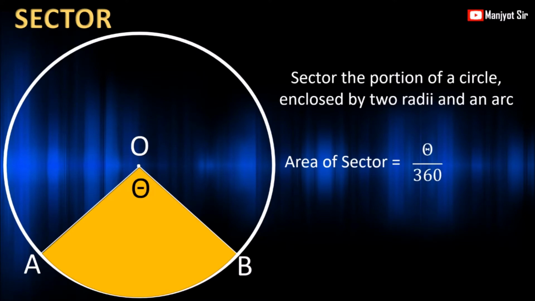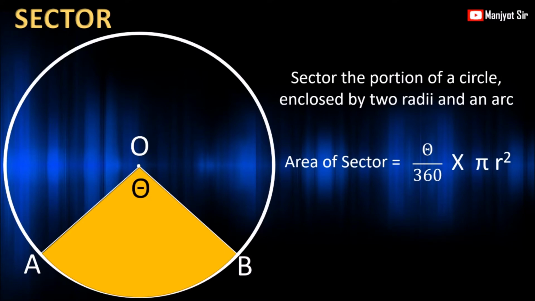Also if you observe, we have shaded the region inside the circle, and the region inside the circle is called the area of circle. We all studied that. So in continuation we'll write the formula for area of circle, that is pi r square. So remember this very important formula for area of sector, that is theta upon 360 into pi r square.